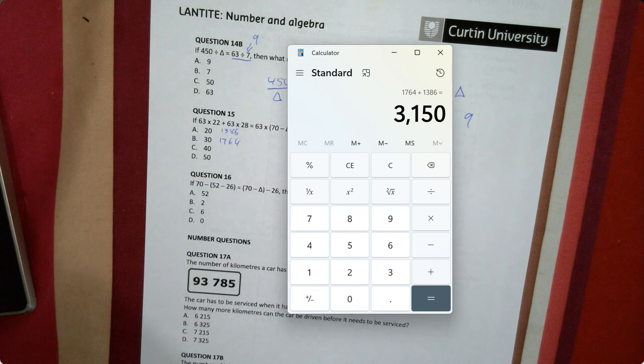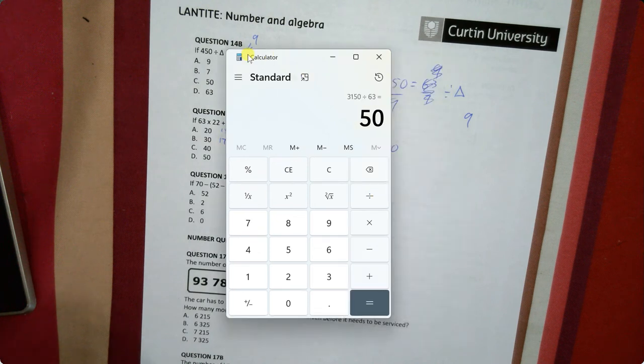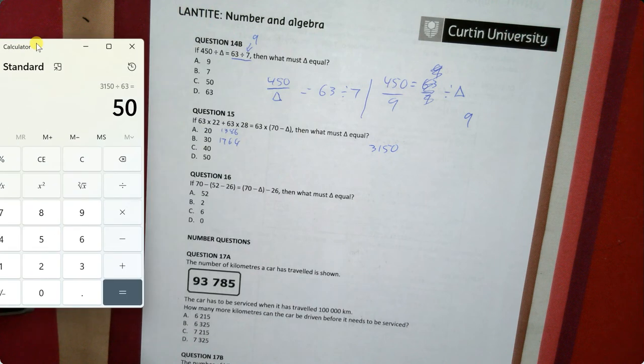Now this next side, now if I divide both sides by 63, that will get rid of that 63. So 3150 divided by 63 gets me 50. So that means the right hand side has to equal 50. And to do that, I just need to do 70 take 20 will get me 50.